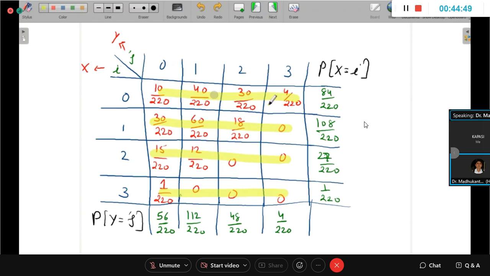Now, if you are interested in the probability at x equals 0, you sum this up with respect to all values of y. That will lead to 84 by 220, which you can verify. If you go back and check the probability of x equals 0, none of them is a new battery.